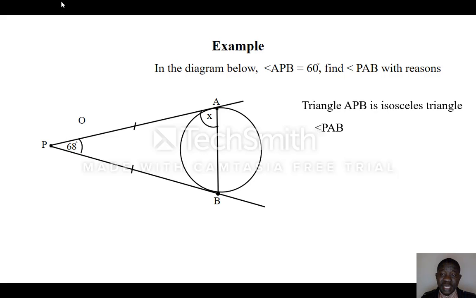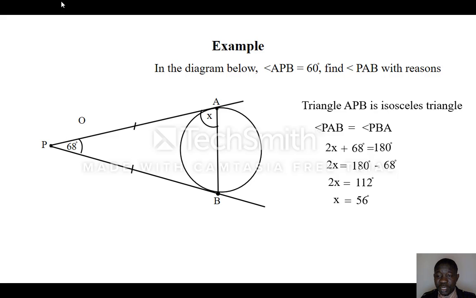Therefore, angle PAB equals angle PBA, which gives us 2x plus 68 degrees equals 180. 2x equals 180 minus 68 degrees. So we get 2x equal to 112 degrees. If we divide both sides by 2, we get x equal to 56 degrees.